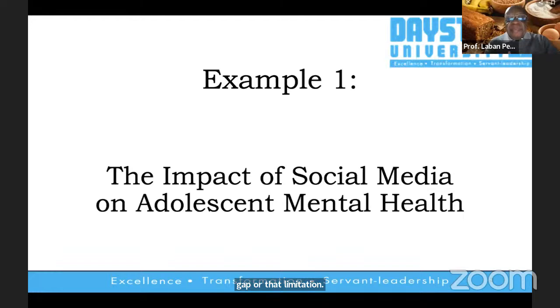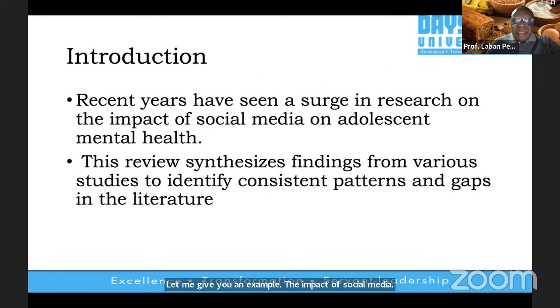Let me give you an example: the impact of social media on adolescent mental health. You would say something like this: recent years have seen a surge in research on the impact of social media on adolescent mental health.